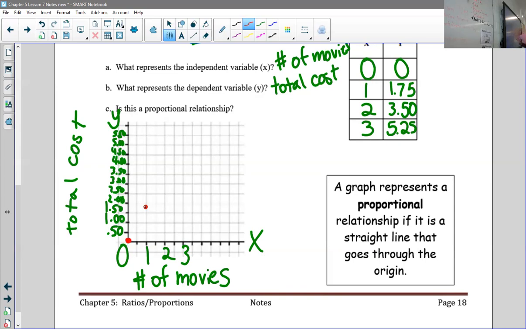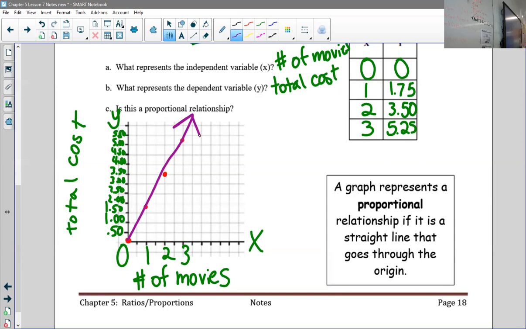If I decide to rent 2 movies, I have to pay $3.50. That's up here. And if I decide to rent 3 movies, I have to pay $5.25. So that's somewhere around here. And now I'm going to connect these all with a line and finish it off with an arrow.